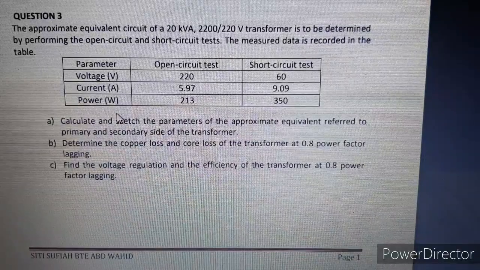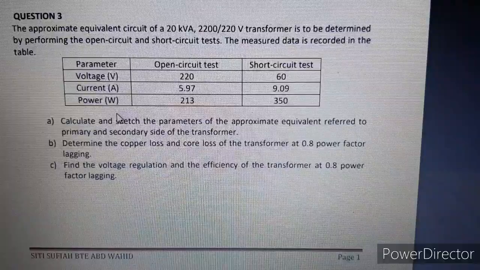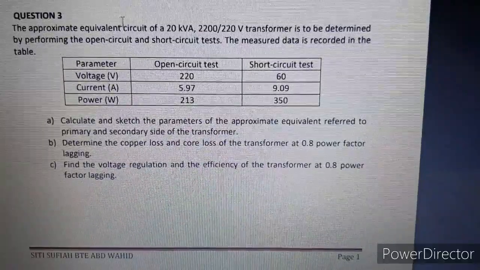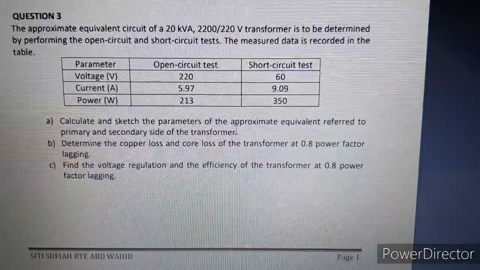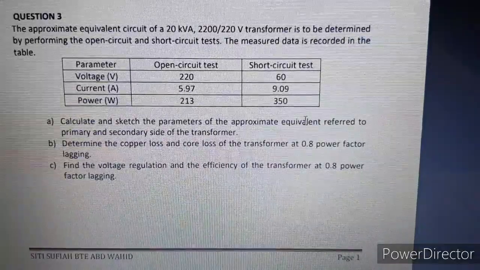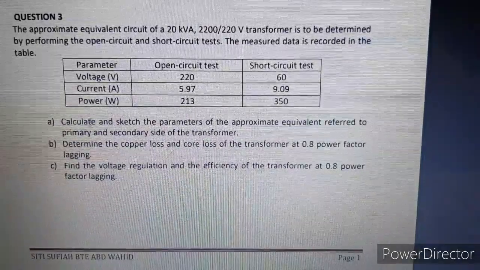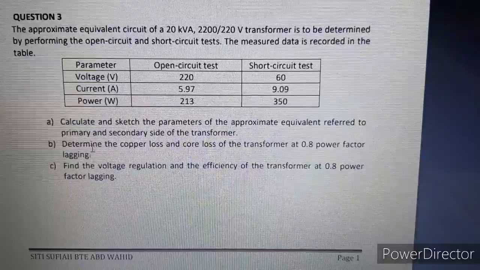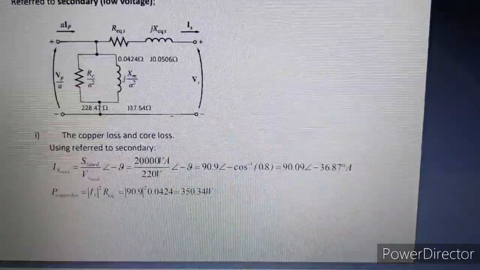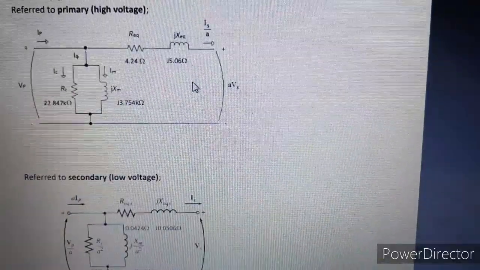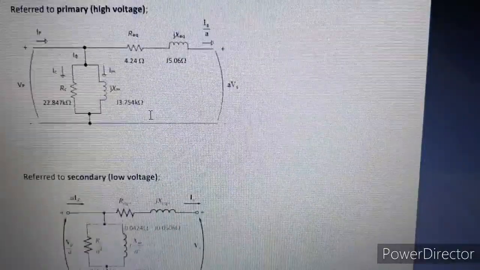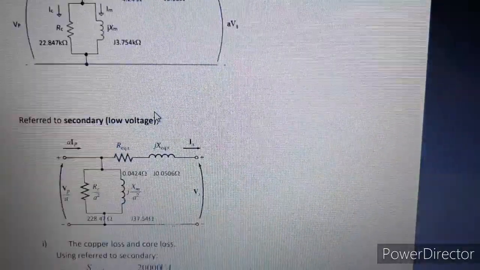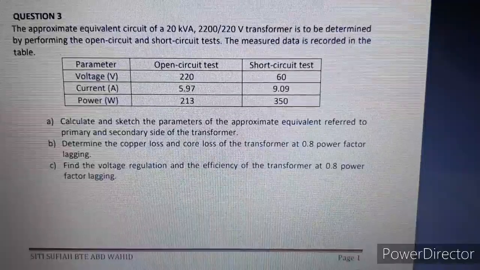During our previous class, we have already answered question 3, part A. That is, we have already sketched the parameters of the approximate equivalent circuit referred to primary and secondary side. So we have both of them.